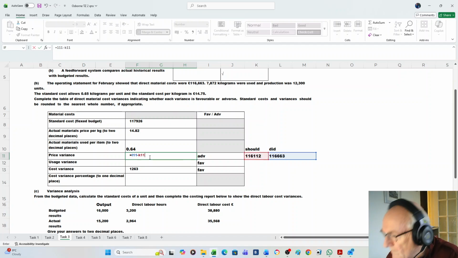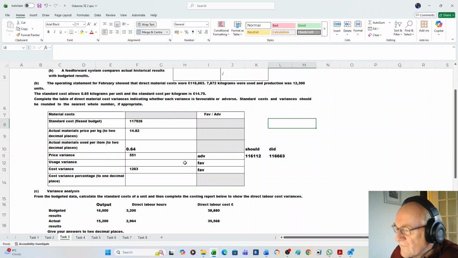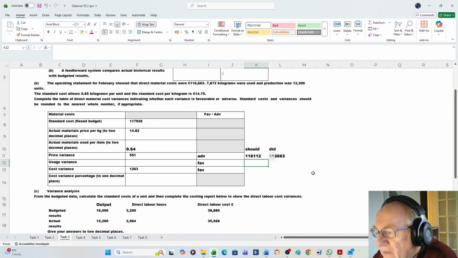Get it the right way around, so it's a positive. We don't need to worry about the minus on this question, and that's the easier one. So we could actually work this middle figure out from the difference, or we could work it out properly, and of course we can reconcile and check, and then we can leave the question knowing we've got it correct.